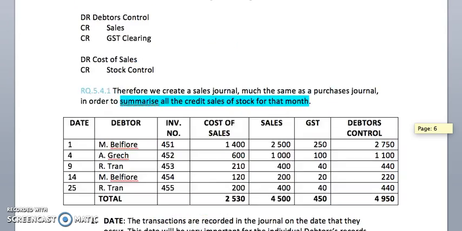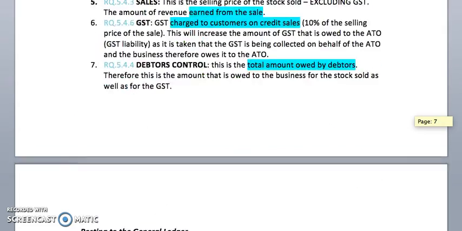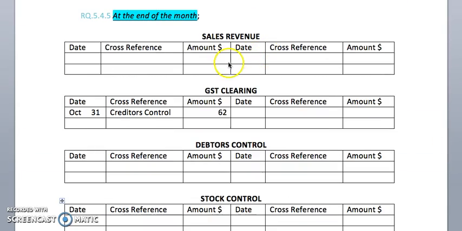So our sales revenue account is going to be here, 4,500. Now I know based on just here, this is my credit entry. My debit entry as a result of this credit entry is debtors control. So it's 4,500. Let's say we're working in October again. So October the 31st, our debit entry as a result of this credit entry is debtors control, and it was 4,500.